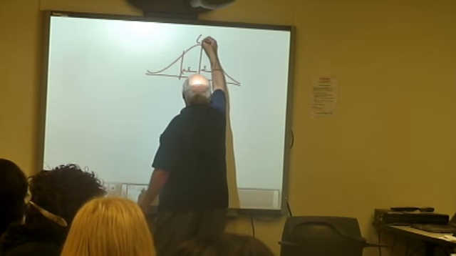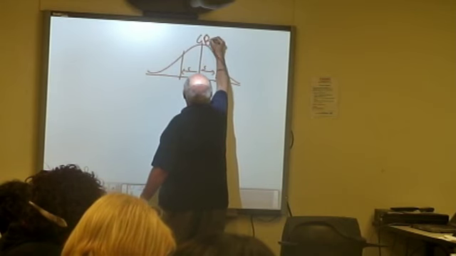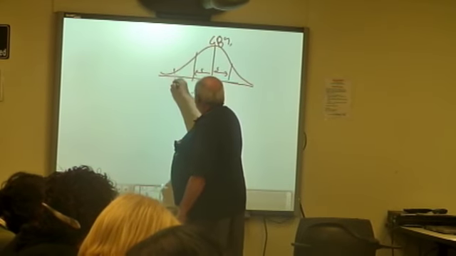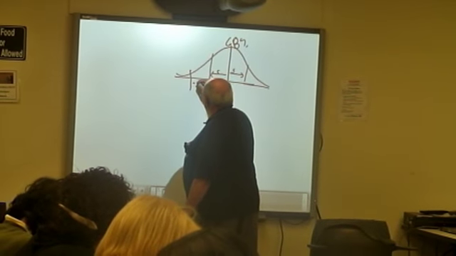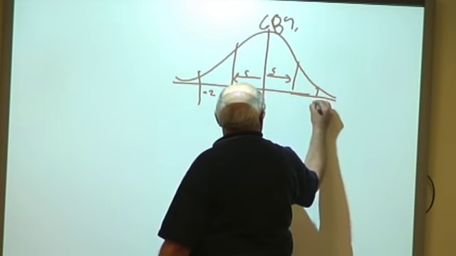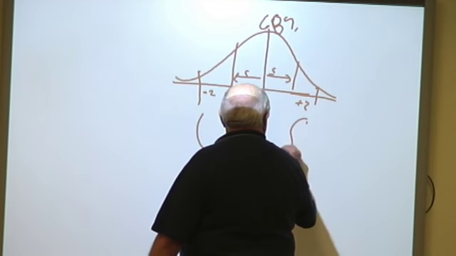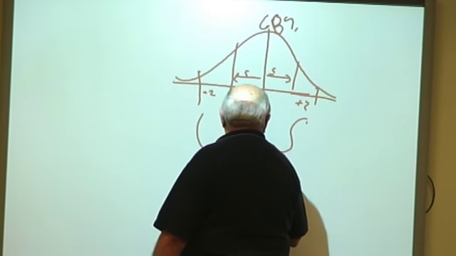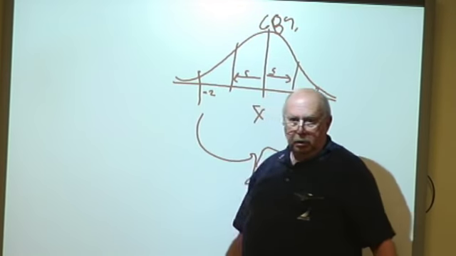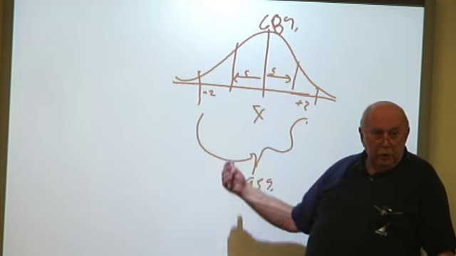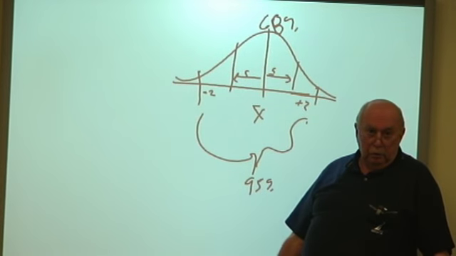In here is 68%. All right? If I go out minus 2 standard deviations and up 2 standard deviations, I have 95%. And that's just describing the amount of variability, the spread of scores.